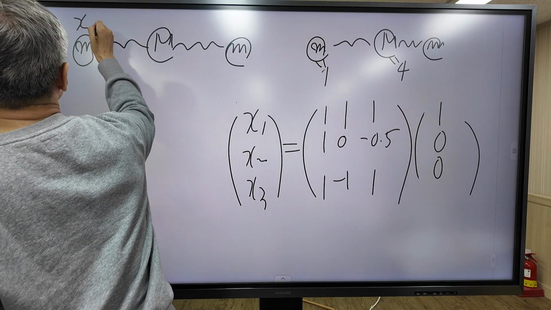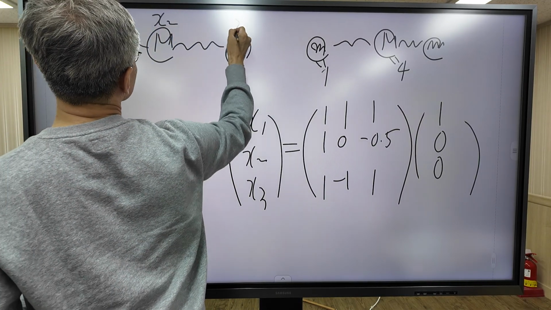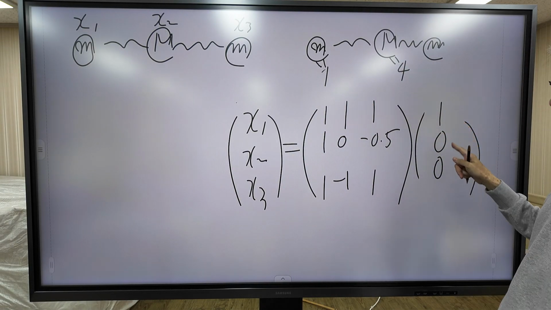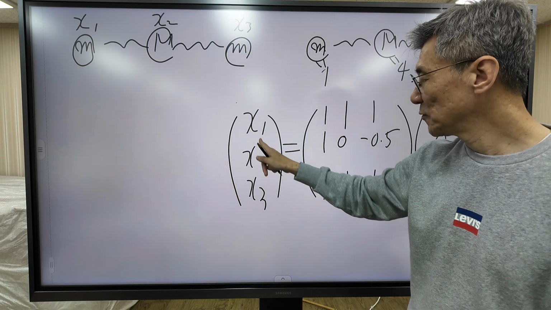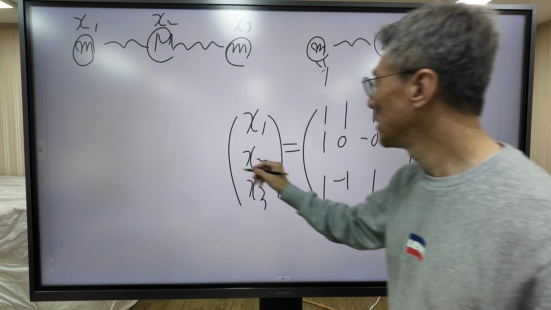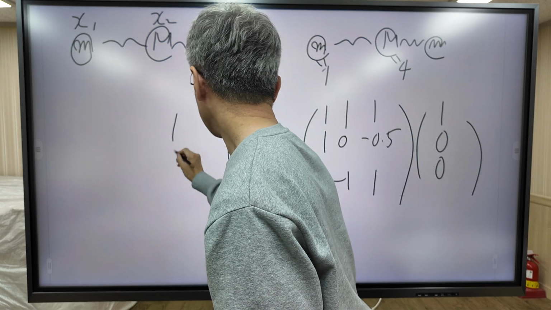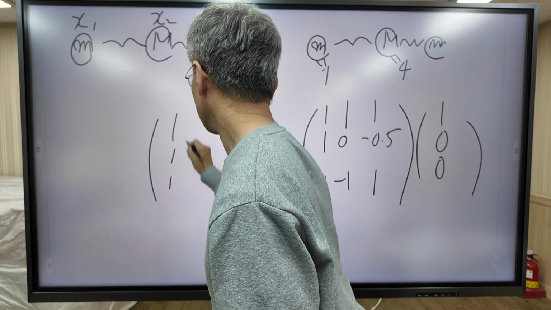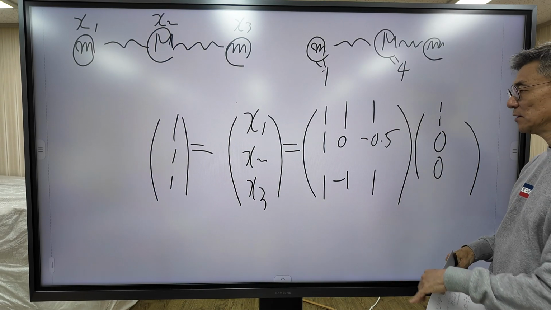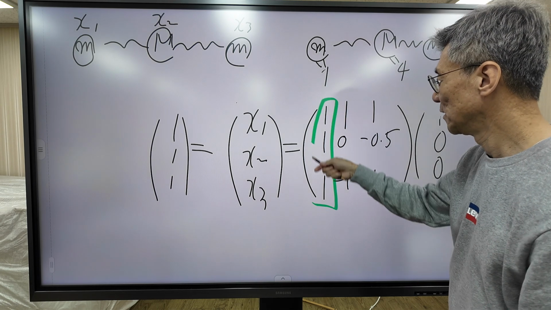This is X1, X2, X3. When Q1 equals 1 and Q2, Q3 equal 0, what are X1, X2, X3? In this case, X1 equals 1, X2 equals 1, X3 equals 1. Right? When (1, 0, 0), this value returns.